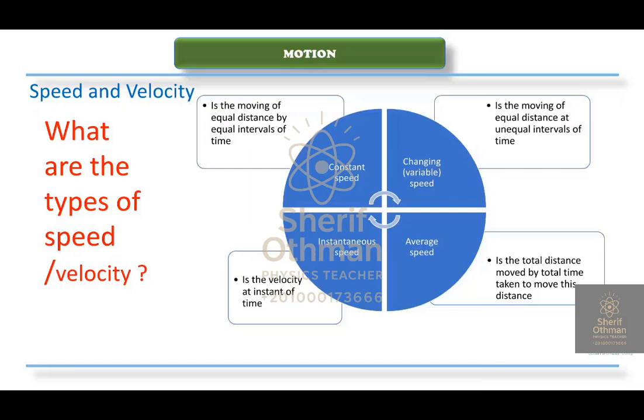At a certain time, what is the speed now? What is your speed now? So you will tell me it's 50 kilometers per hour. You measure the speed using a tool like the speedometer to know what the speed is at this instant of time. So instant speed or instantaneous speed or instantaneous velocity is the speed at an instant of time.